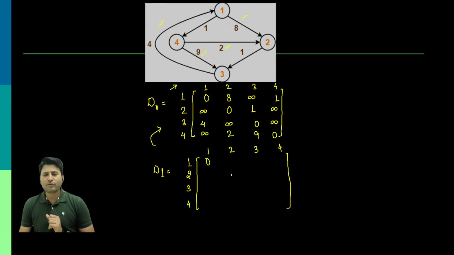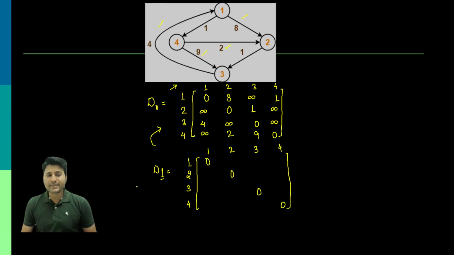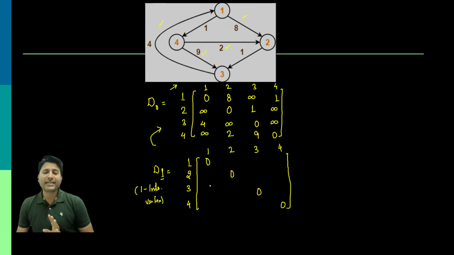Okay, let us write it. Diagonal, yes, quite obvious. All the entries come out as 0. Now, we are supposed to move from 1 to 2, making 1 an intermediate vertex. Here, what it means is that in every path, we are supposed to make 1 an intermediate vertex. That is the important thing. From wherever to wherever you are moving, one vertex should be included in it.